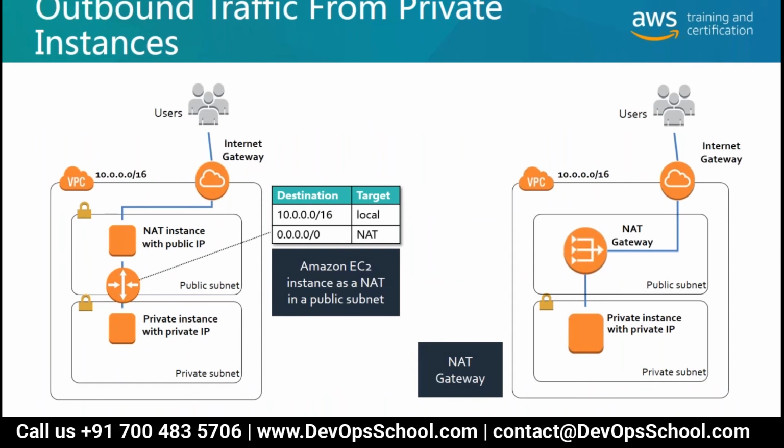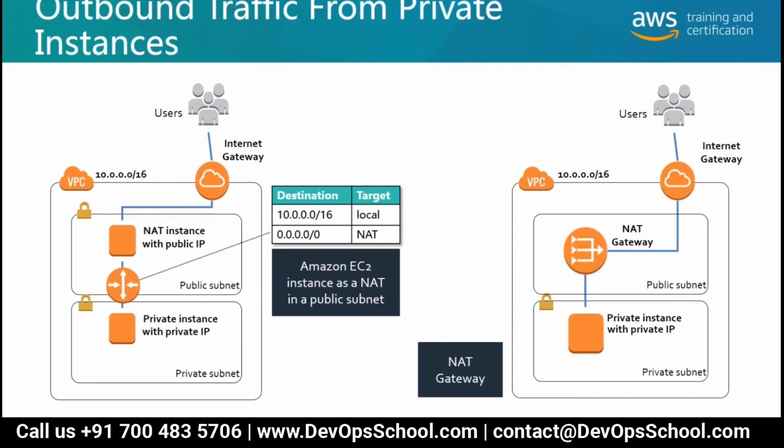That is for outbound traffic from private instances. You can also set up an egress-only internet gateway, which will allow one-way access to internet resources.